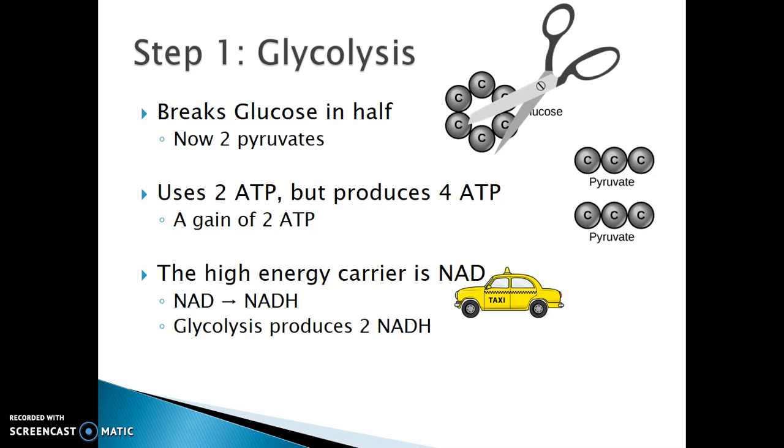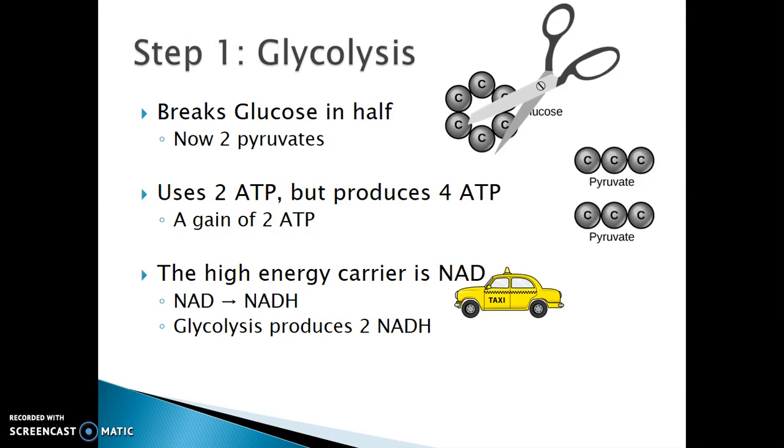Okay, so step one is going to take the glucose that we got by eating a plant that did photosynthesis, and it's going to break it in half. And you're going to make two pyruvates. A pyruvate is just a chemical chain made of 3 carbons, which came from breaking the glucose, which had 6 carbons.